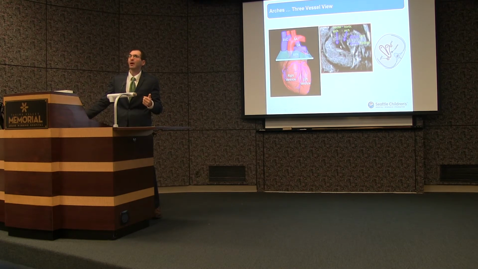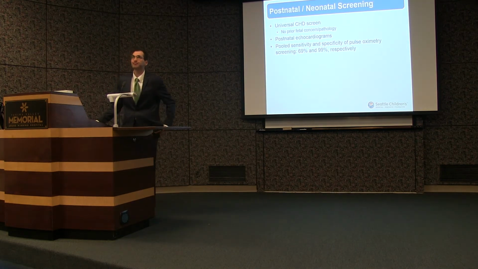Here is the main pulmonary artery. Here is the aorta, and they come together at the ductal insertion of the aorta. And here is the superior vena cava. And here's just a schematic illustration. Your main pulmonary artery with your ductal arch, your aorta with the aortic arch, and then your superior vena cava. So those views help us look at the outflow tracts, and again provide us very, very critical additional information.